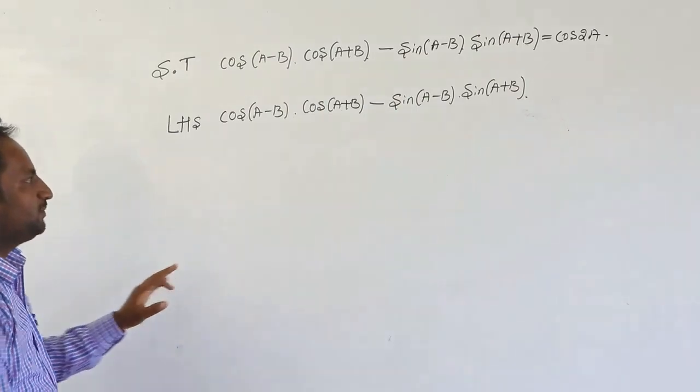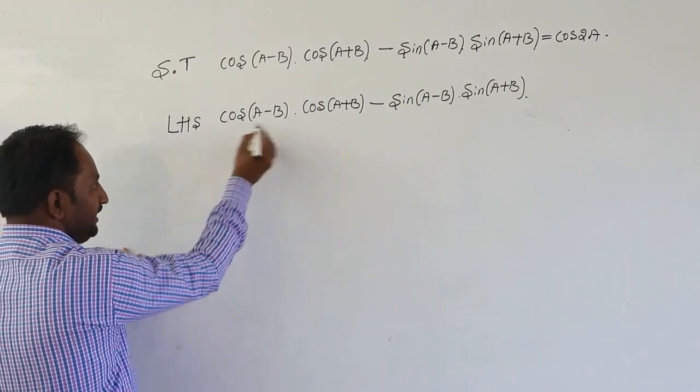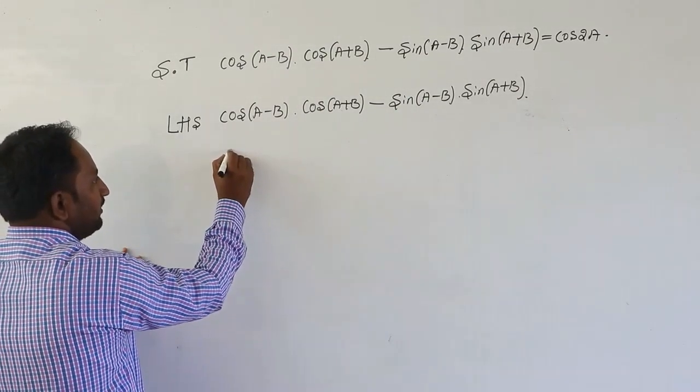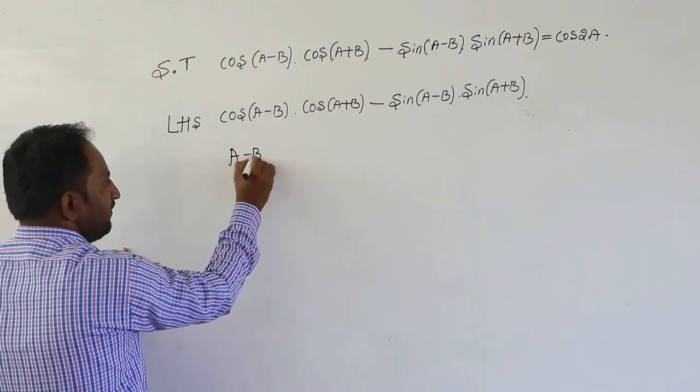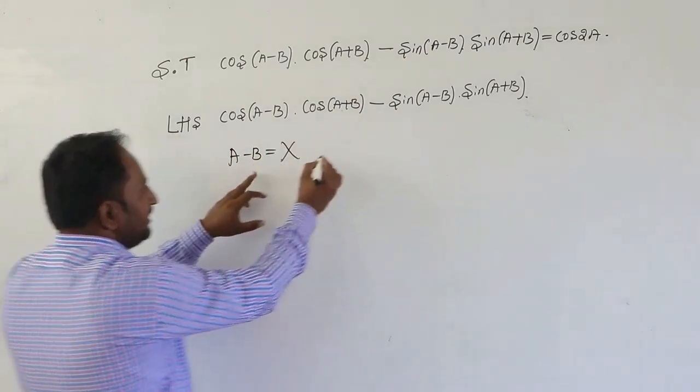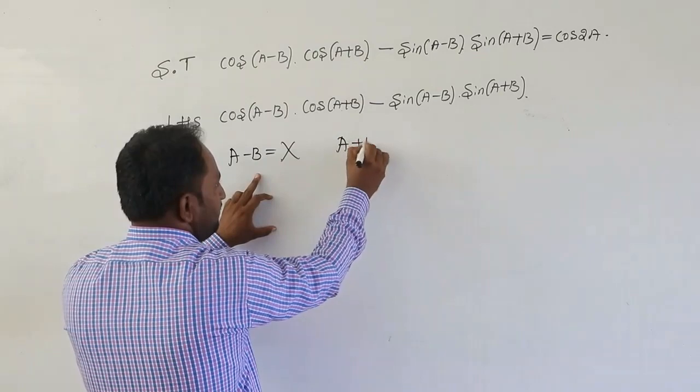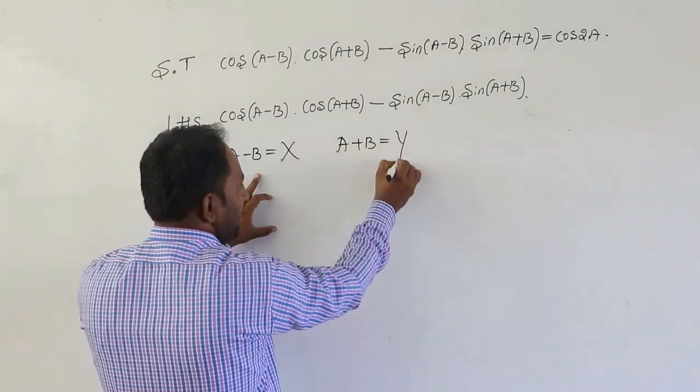For simplification purposes, we can take a minus b value as x, a plus b value as y.